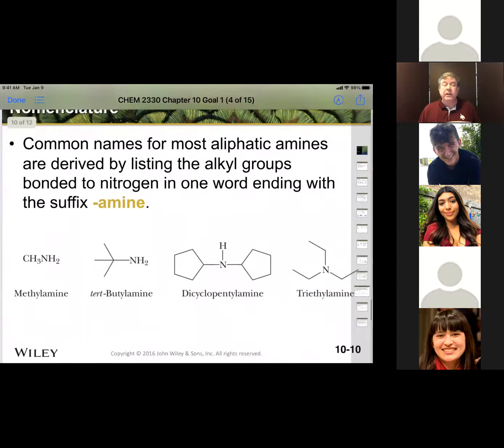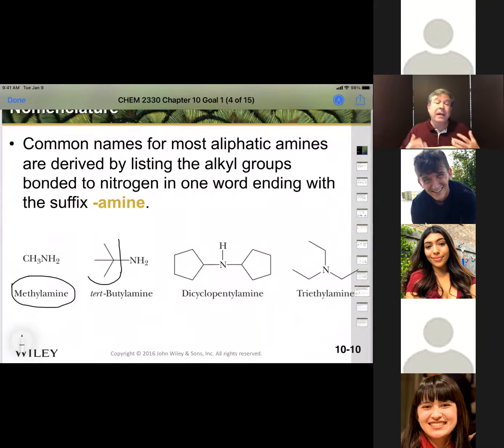So when we look at common names, we just talk about what the alkyl group is and tack the word amine at the end. So if you have one group on there and it's a methyl group, we would just call it methylamine right here. In this case, we have a t-butyl group, so it's t-butylamine. If you have more than one group, you name each of them, okay? So in this case, we have a cyclopentyl group here. We have a second cyclopentyl group here.